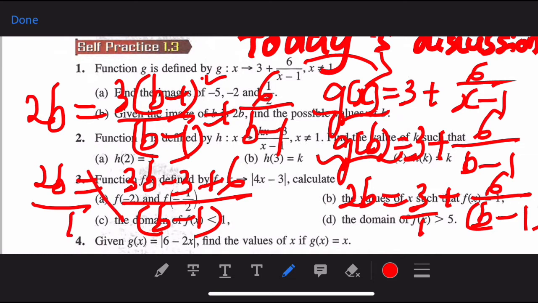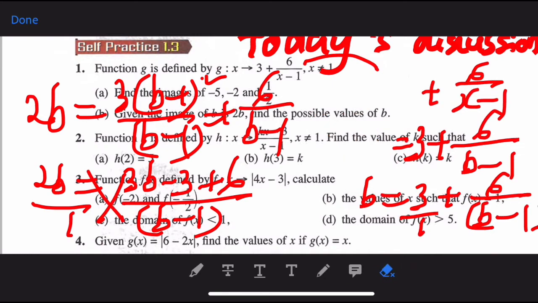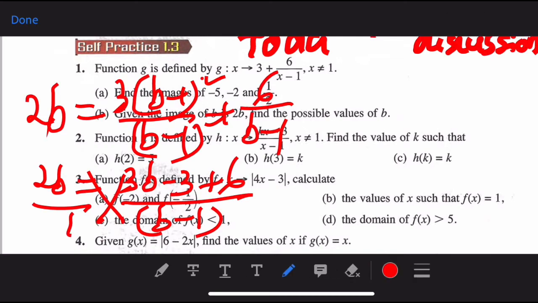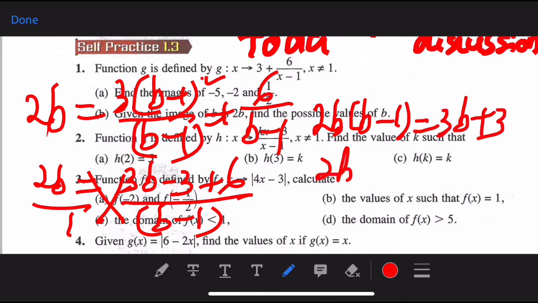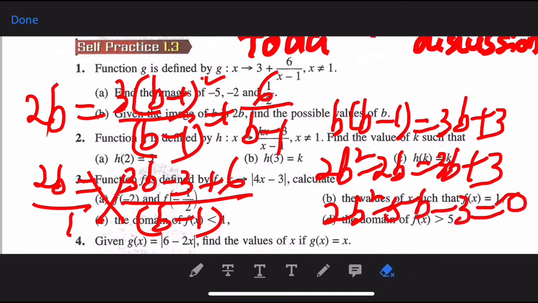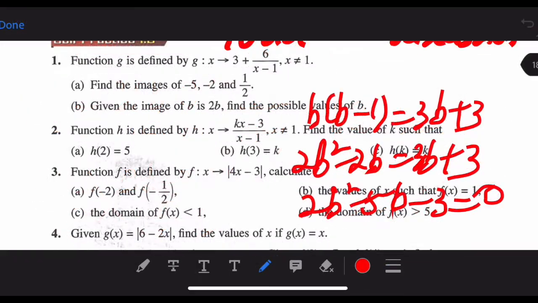Then you cross multiply carefully, and you will get 2b times (b minus 1) equal to 3b plus 3. So 2b squared minus 2b equal to 3b plus 3. Then 2b squared minus 5b minus 3 equal to 0. Do you know how to factorize? Let's continue the factorization.